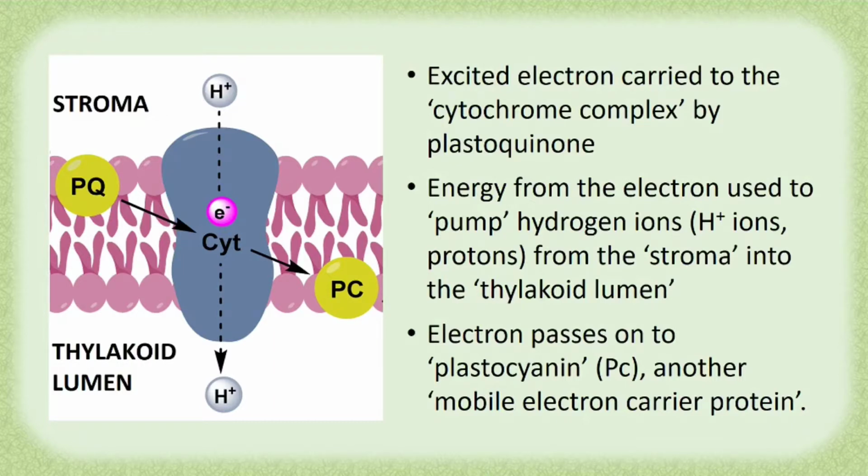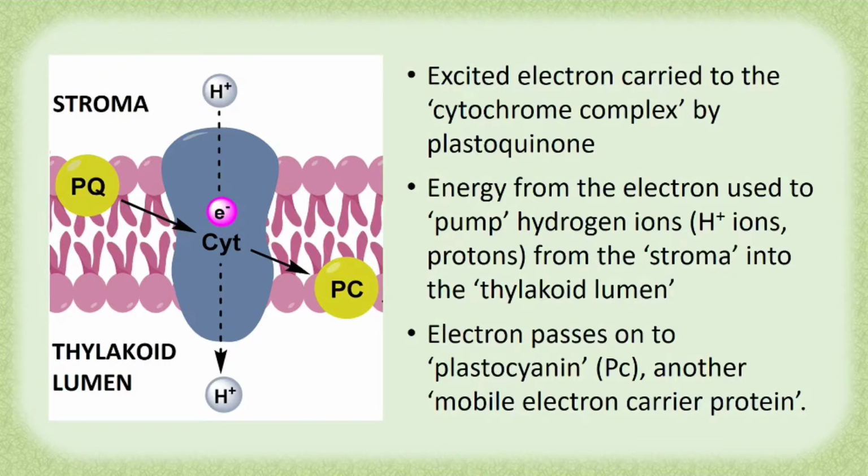And to do this, it needs energy, and that's where our excited electron comes in. As the excited electron is delivered to the cytochrome complex by the plastoquinone, the carrier protein, it travels through, and the energy of that electron is used to operate this proton pump.